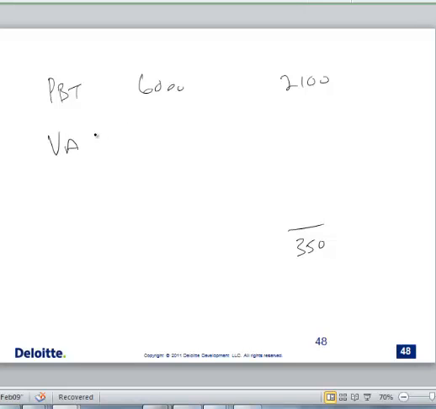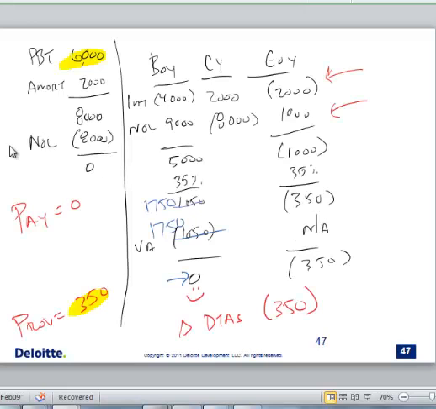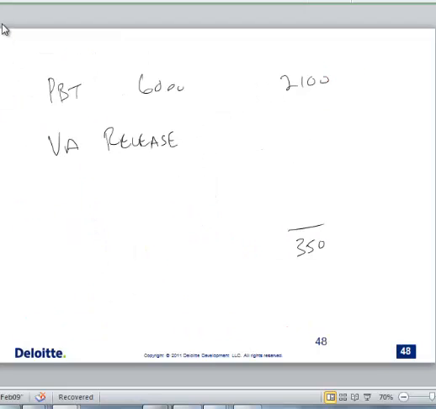Our VA release, and if we had done this before Jose made his comment, we would have realized that the valuation allowance went from 1750 to nothing. So the valuation allowance went down by 1750. Boom, there's our rate rec.